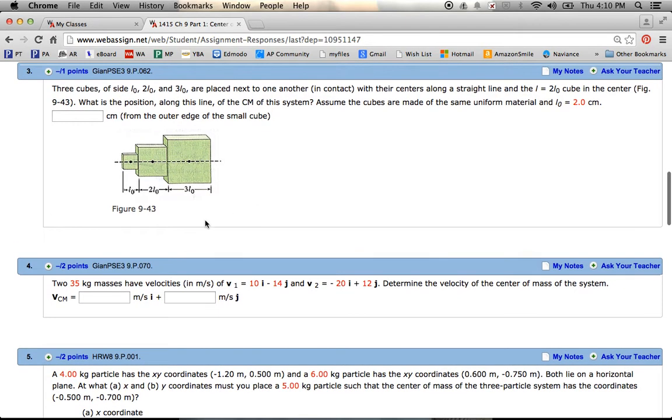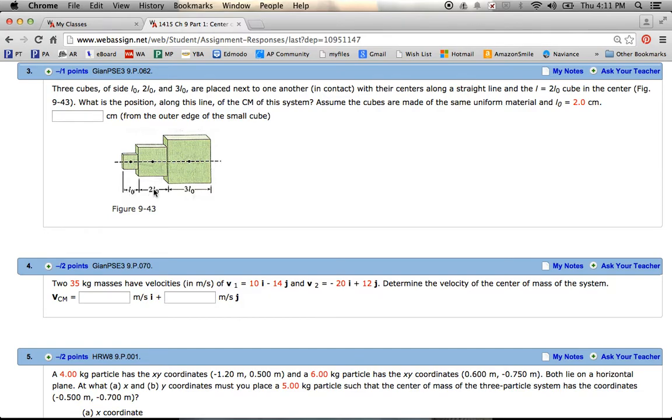3 is tricky because we're dealing with a volume problem, really. If this block has a mass of m, and then we double each of its 3 dimensions, then the second block doesn't have a mass of 2m. It has a mass of 2 times 2 times 2, which is 8m. And so if we're measuring from the outer edge of the small cube, then the center of the first cube is at 1/2 L naught.